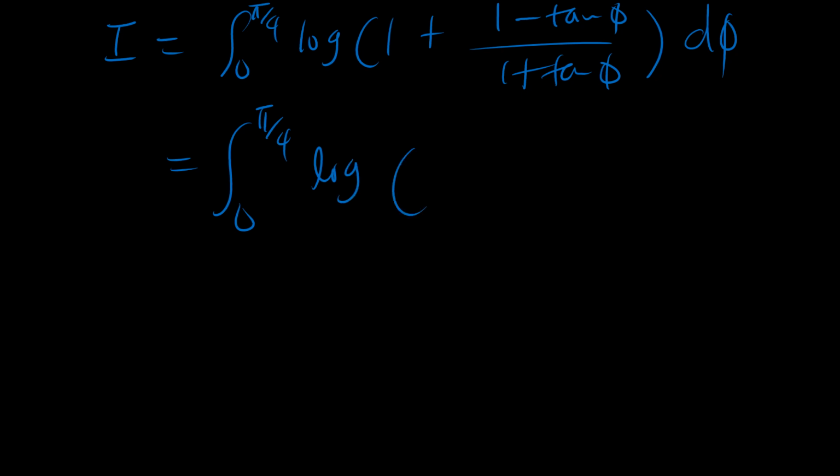When you make this the common denominator, what comes out of here is 1 plus tan phi plus 1 minus tan phi, so we have 2 d phi.